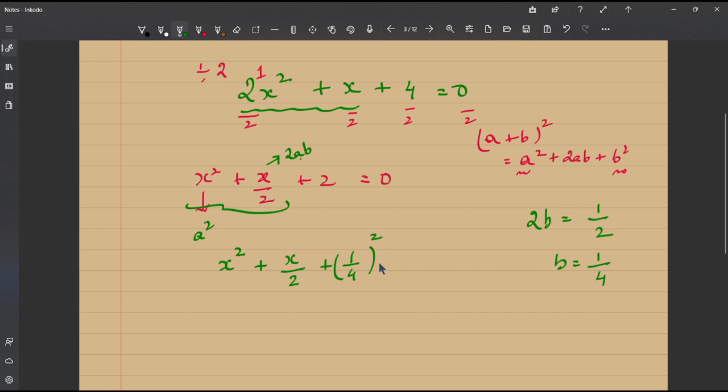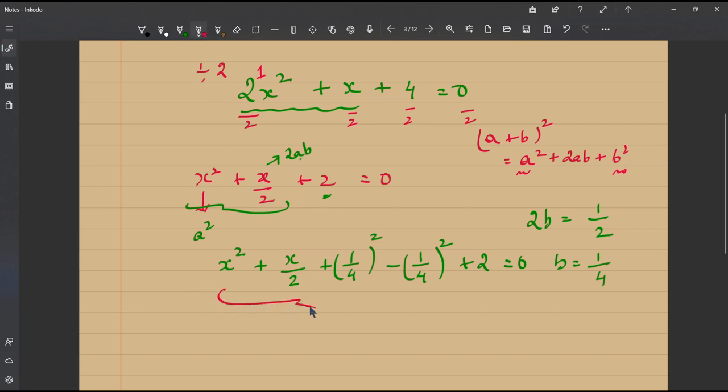But you cannot just add something to the quadratic equation and let it go because it alters the whole value of the equation. So subtract the same quantity, so it gives a null effect. Plus 2, which was already here, is equal to 0. So now this is a perfect square.